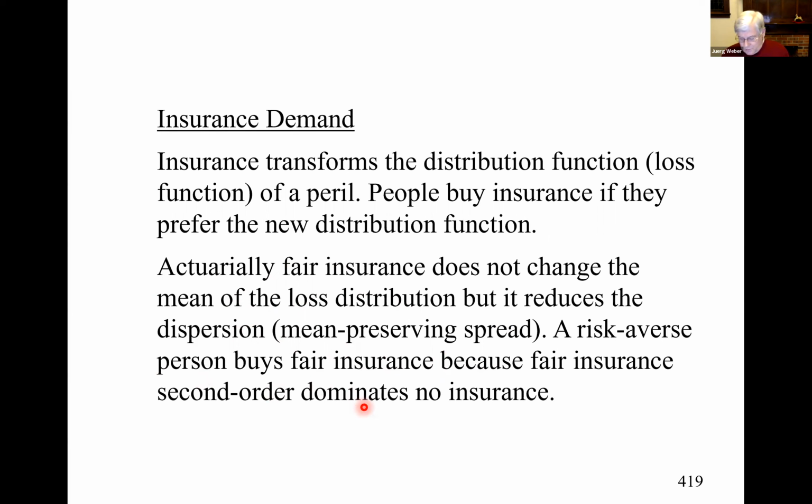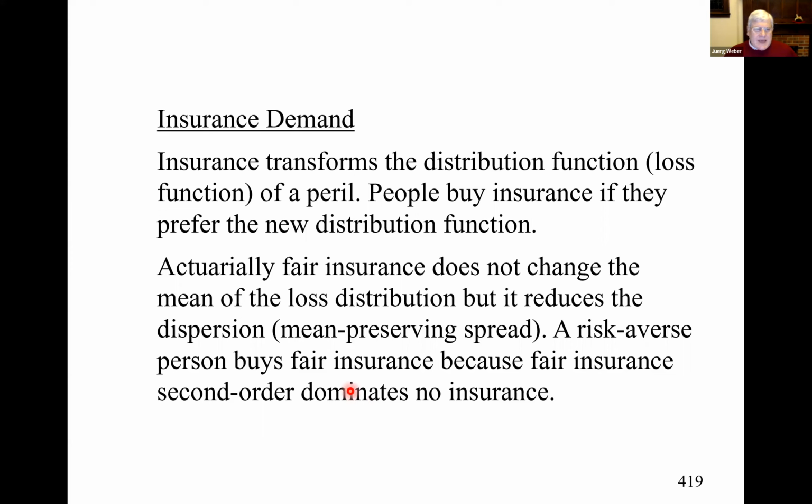So we can make this argument that people buy actuarially fair insurance just by referring to second order stochastic dominance. You really don't need to know the exact utility function. It's sufficient to know that people prefer more to less, and that they have a concave utility function. The exact shape of the utility function you don't need to know.